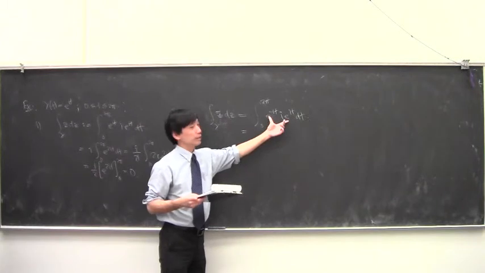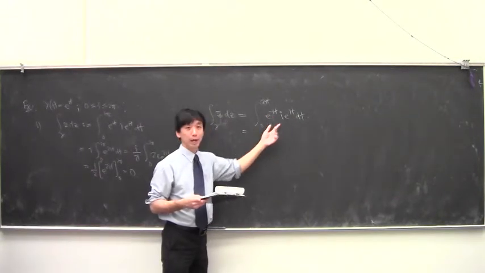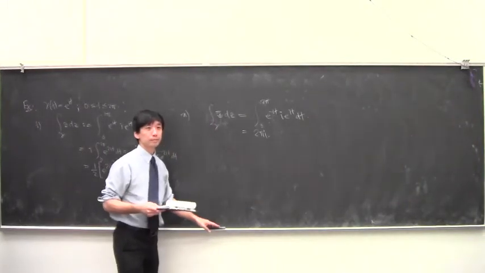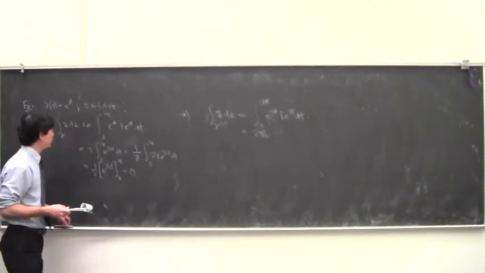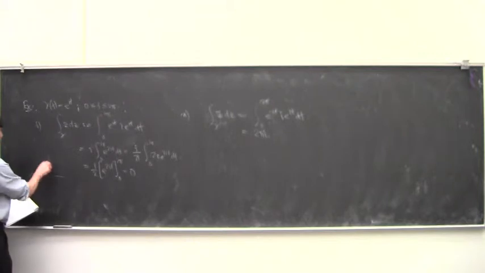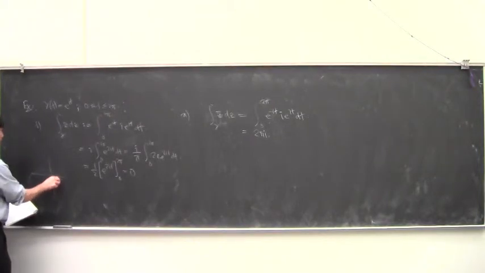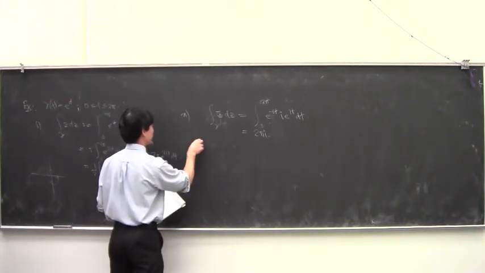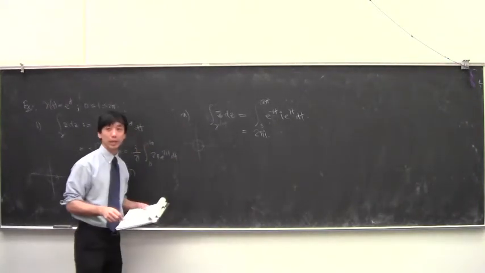So what do you get? These cancel off, and you get the integral of i. You get 2 pi i. So the integral of z, when you went around a full circle, was 0. But the integral of this other guy, when he went around a full circle, was 2 pi i.